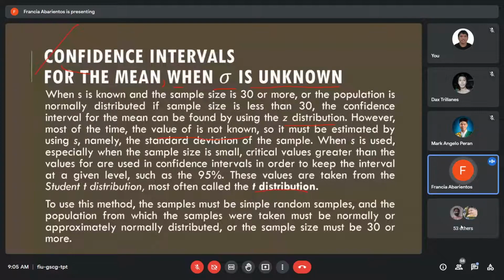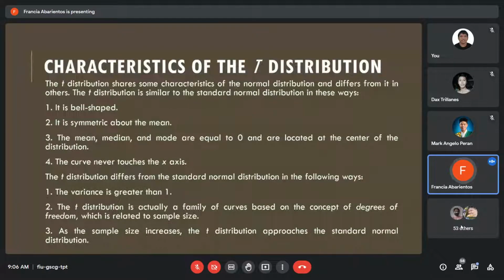So to use this method, the samples must be simple random samples, and the population from which the samples were taken must be normally distributed, or the sample size must be 30 or more. Okay. So this is the characteristic of the distribution. So this is just the same or similar to the normal distribution class, but this is the difference between them.